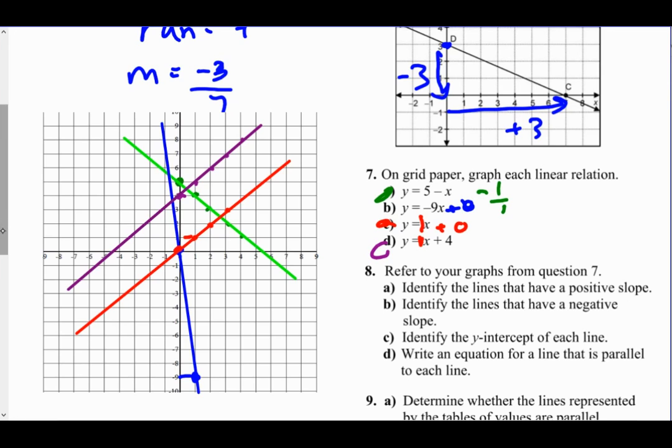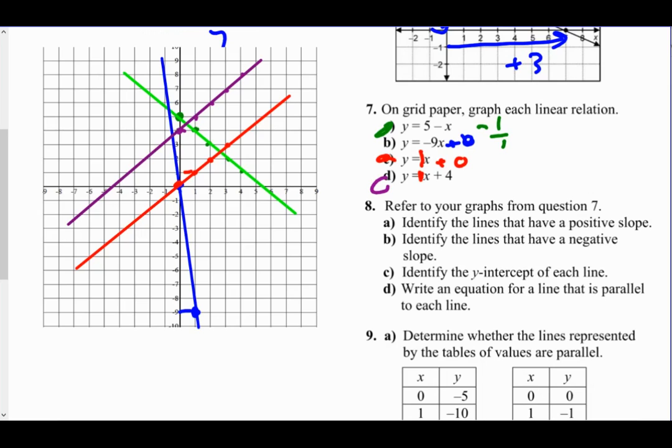All right. Well, the next question has to do with the ones we just did. So refer to the graphs in question 7. Identify the lines that have a positive slope. You can either look right into the equations, but basically, if we called our blue one B, our green one A, our red one C, and D. So which of the lines have positive slopes?